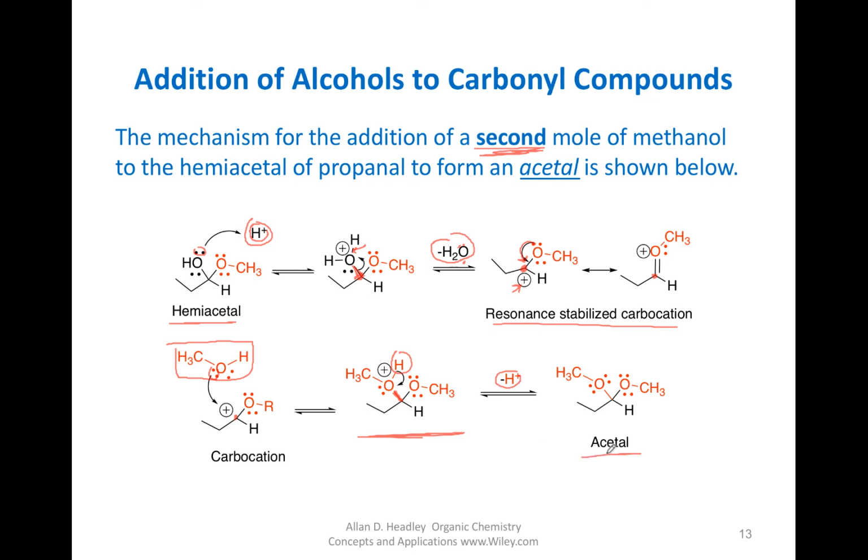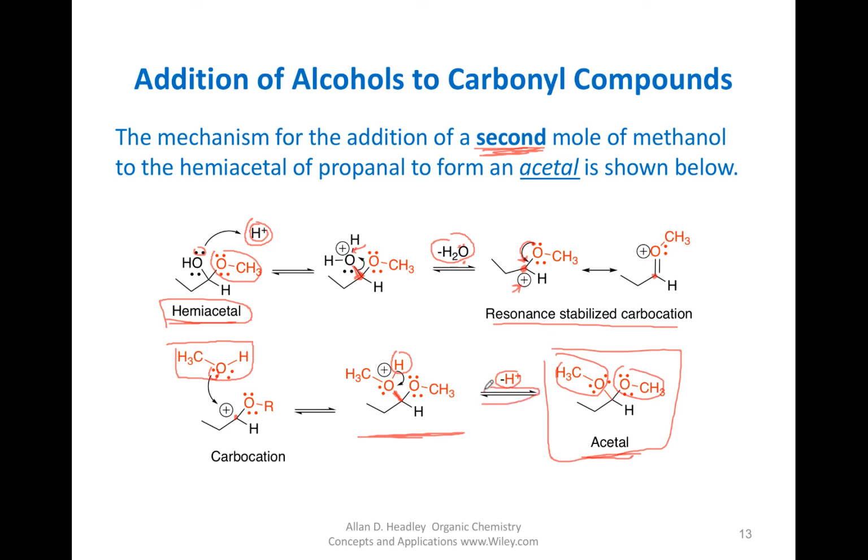So now you know why the previous one is called a hemiacetal, because it's just 1 mole of the alcohol, and the acetal now has 2 moles of alcohol. So in the presence of 2 moles of alcohol, we can get an aldehyde to go all the way to the acetal.